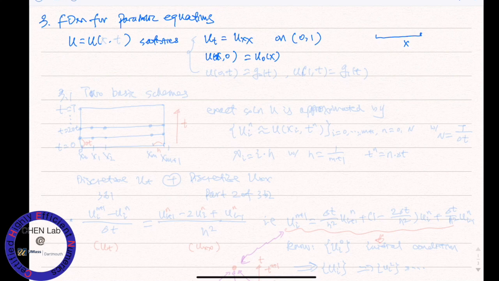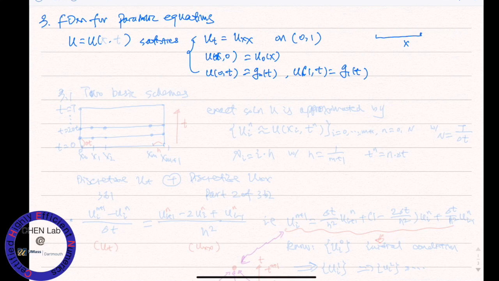And we also have the boundary condition, which is u(0,t) is equal to g0(t), and u(1,t) is equal to g1(t). If g0 and g1 are constants, then the two ends of the rod are placed in an environment that has fixed temperature, for example.